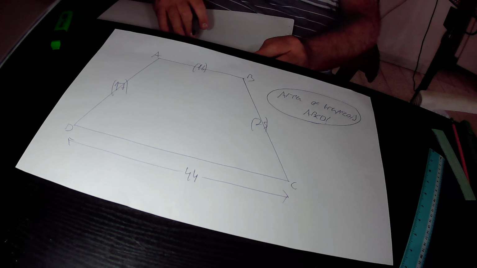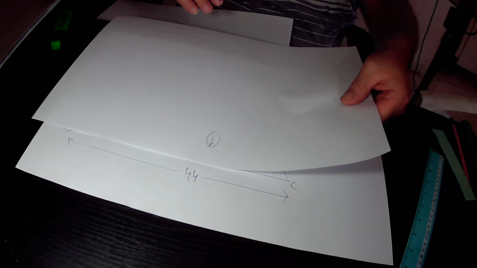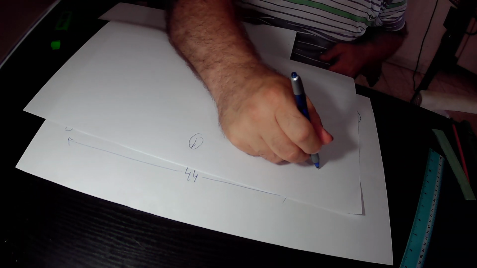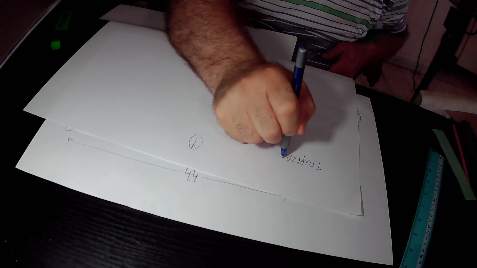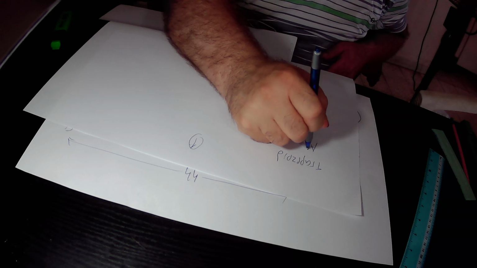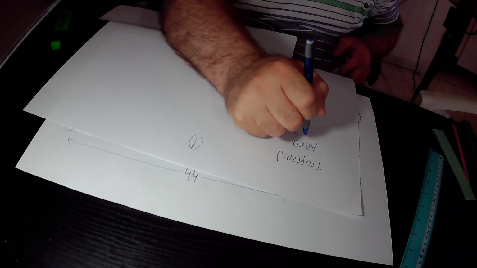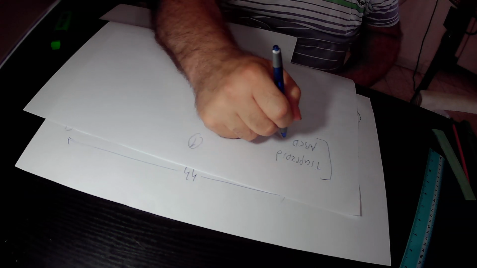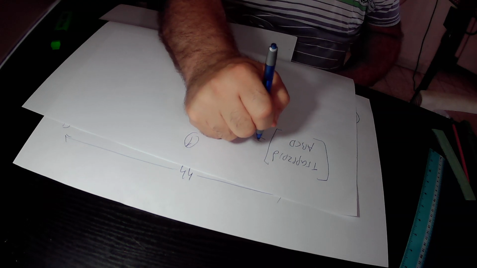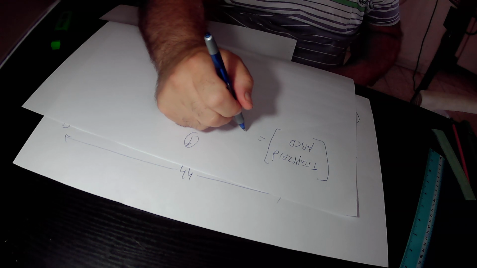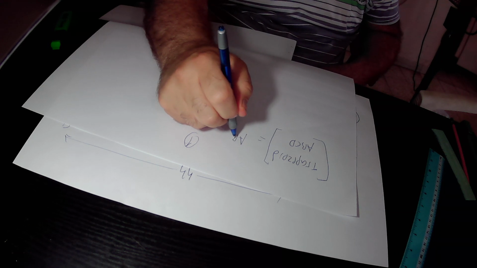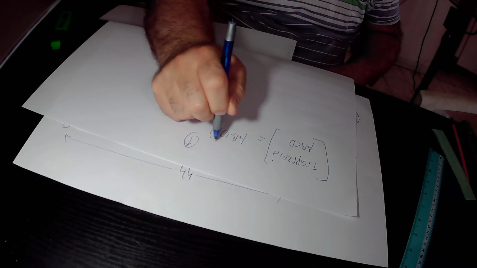So the area of trapezoid ABCD is equal to AB plus DC, times the height H, over 2.